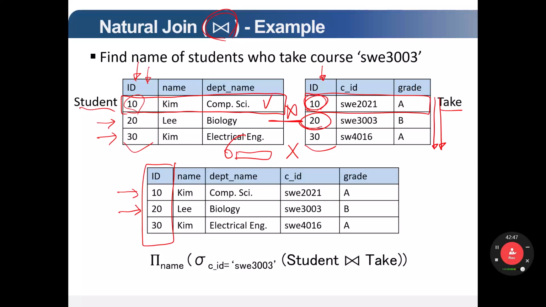There is no reason to have two duplicate ID columns in the output table. Therefore, the output table of natural join will retain only one single attribute. So when the left table has n attributes and the right table has m attributes, and the number of common attributes is k, the output table will have n plus m minus k attributes.